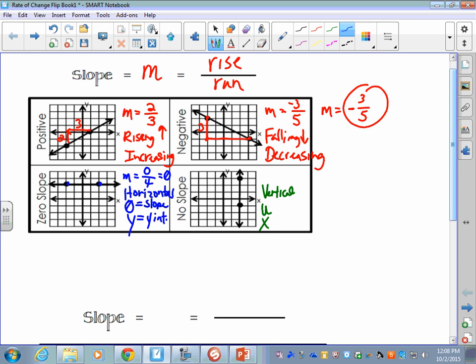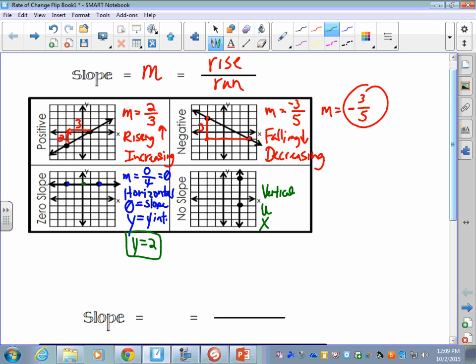So it's OI for horizontal because the line is horizontal, the slope is 0, the equation is Y equals the Y intercept. So I look on the graph, I go up to where it crosses the Y axis, that point is at 2, right? So the equation for this line is just Y equals 2, the Y intercept. Horizontal lines don't have an X. It's going to be a constant, and it's going to be the Y-intercept.